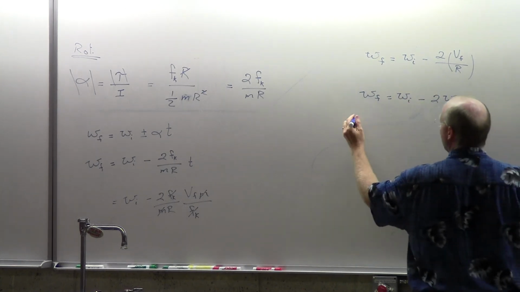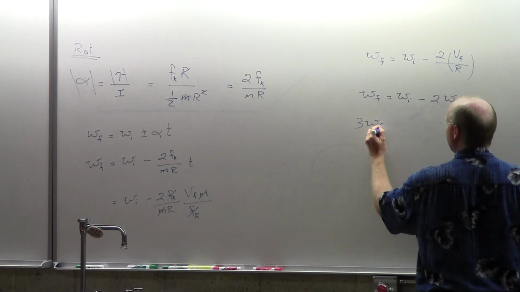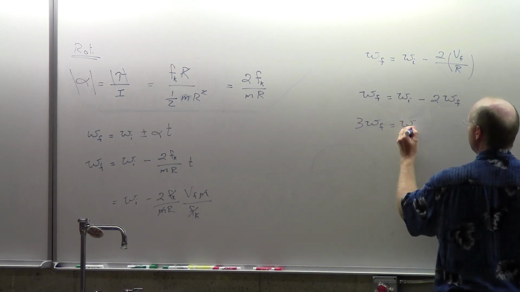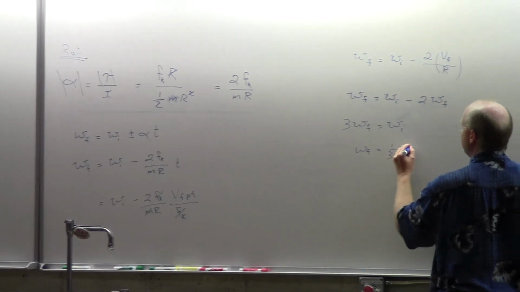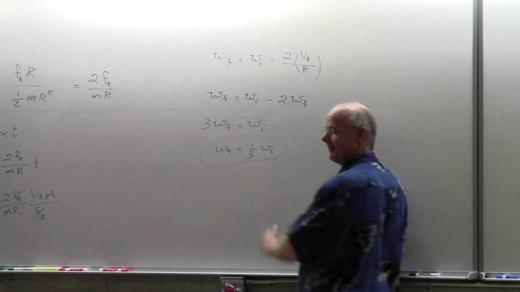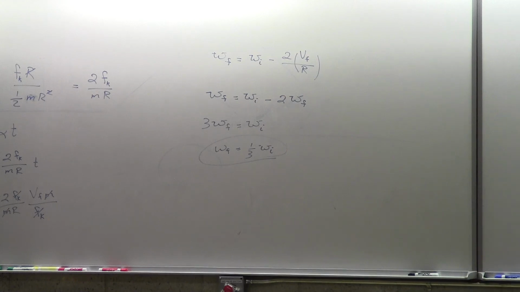And now when I move it over to here, it's 3 times final speed is equal to initial speed. And so final speed is 1/3 of the initial speed. Yay! Right? And so I can answer A.